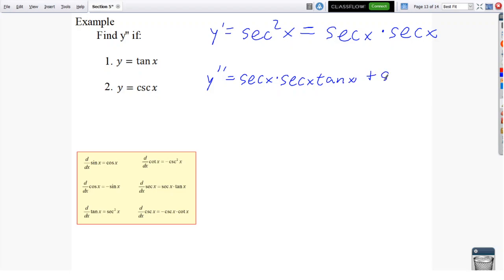Right is secant. Left is secant, so derivative of left is secant x tangent x. For those of you following along at home, these are exactly the same term. So all I have to do is 2 secant squared x tangent x. And now I'm done.